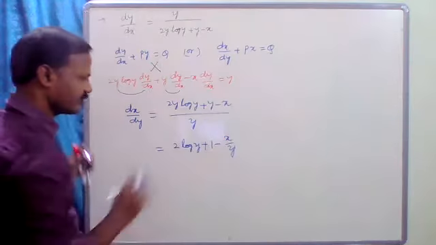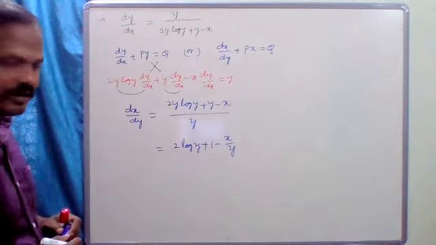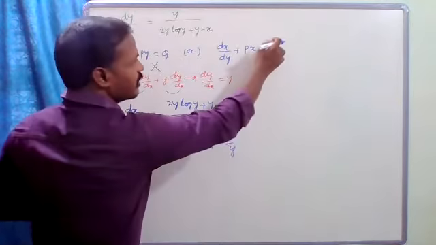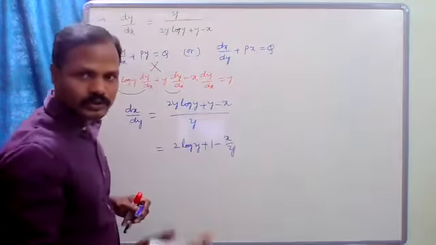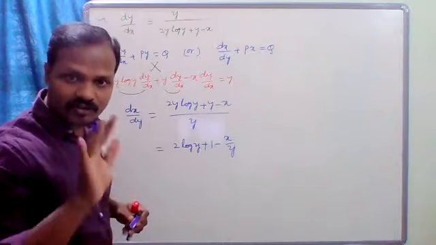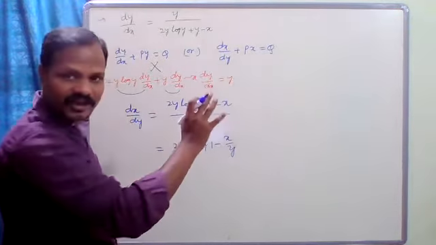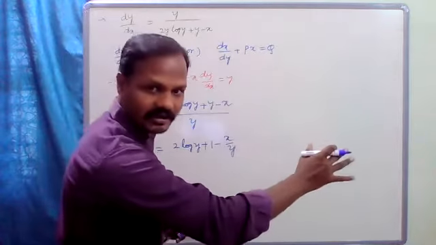Now dx by dy means the right side must be Q. What is Q? Q is a function of y only. So only y terms you have to keep on the right side.